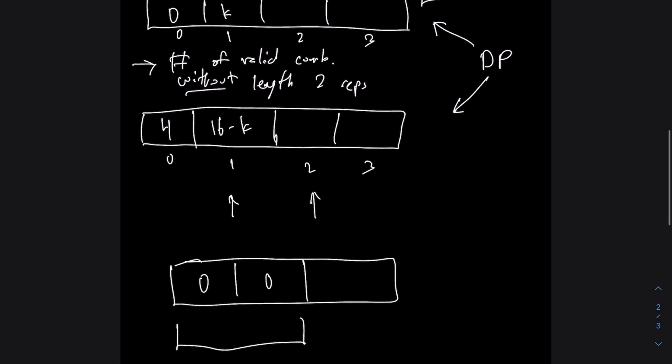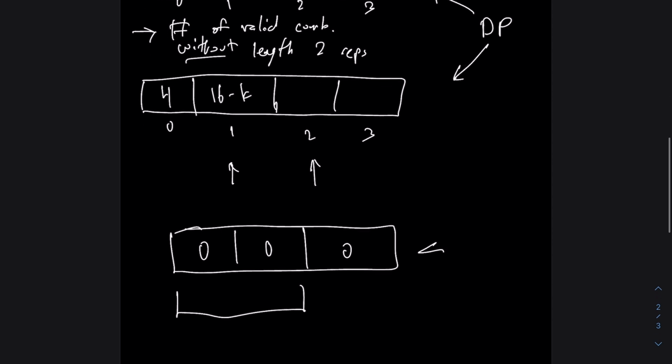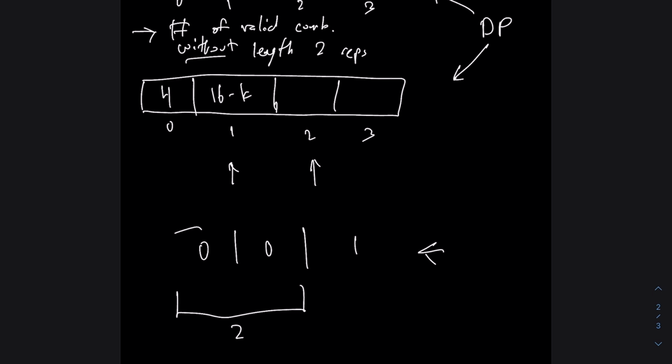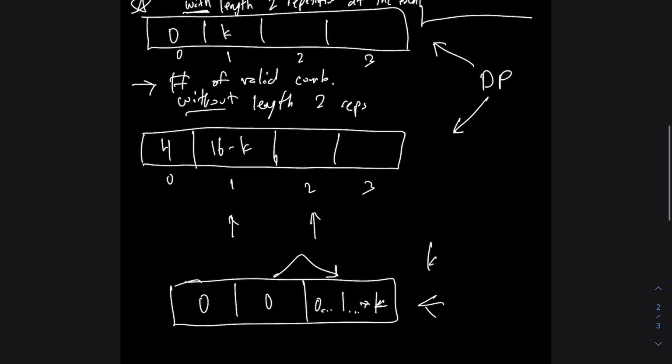For example, if I put 0, this is not valid anymore because this is already a sequence of 2. We put one more, it'll be a sequence of 3. If we put a different number from what this previous number is, it doesn't have a repetition of 2 anymore either. So no matter what k is, it could be 1, it could be 0 all the way up to k, it doesn't matter. There will never be a length 2 repetition sequence.